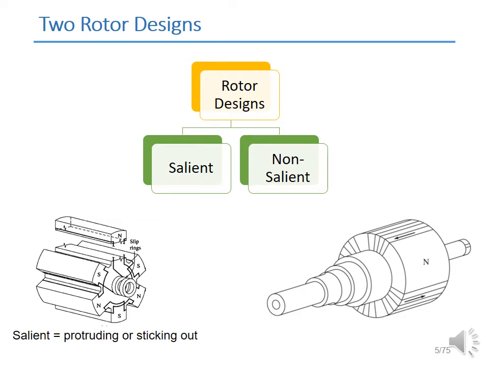For the rotor, there are basically two designs, which are salient and non-salient. Salient means protruding or sticking out. As you can see, we have the illustration on the left hand side here at the bottom. It's an example of a salient rotor design. To make it clearer, if you look at this design from the end view, it will look like this.